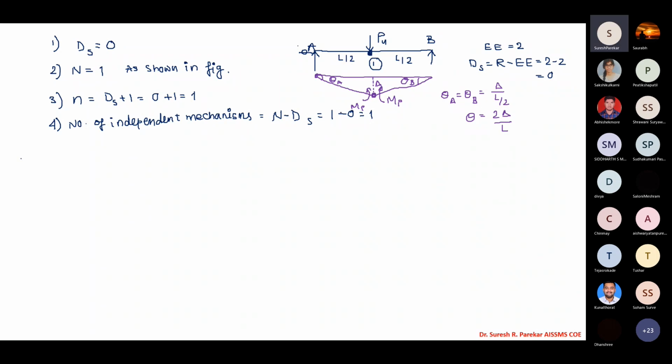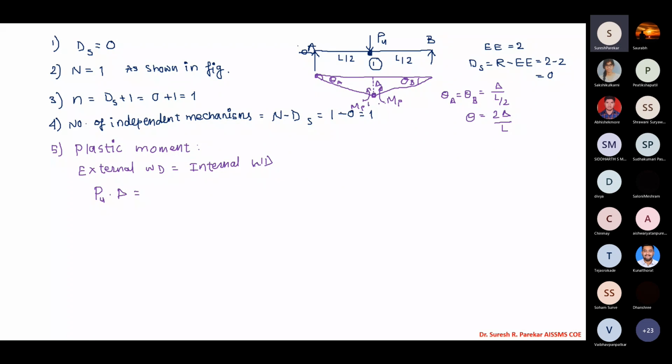And then we have fifth step, plastic moment. So we have external work done equal to internal work done. And the external work done, Pu into delta is equal to, आता इथे एक MP आहे, इथे एक MP, दोन MP आहेत आपल्याकडे.